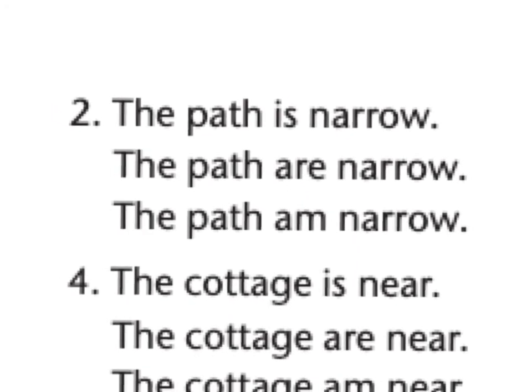The path are narrow. The path am narrow. What's the subject? The path. That's just one. So we can't use are because that's for more than one. And we can't use am because that's for I. So that means our correct sentence is the path is narrow.